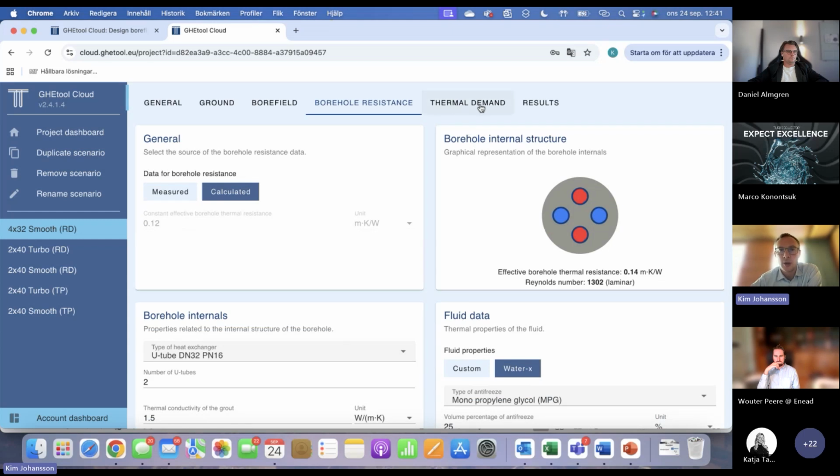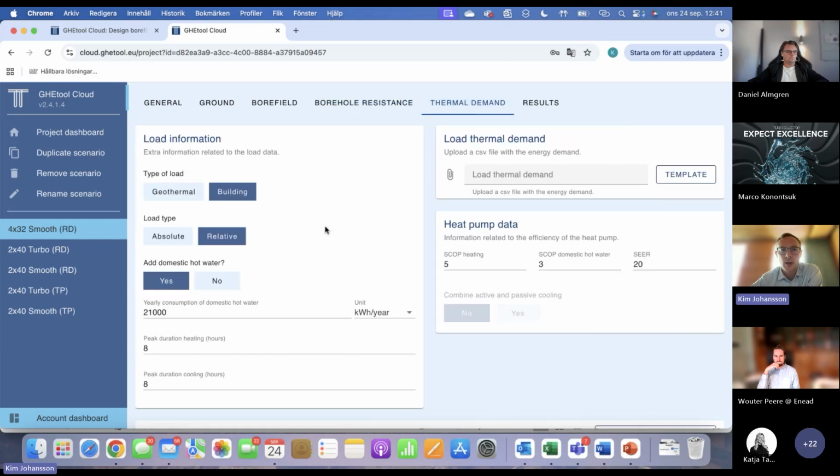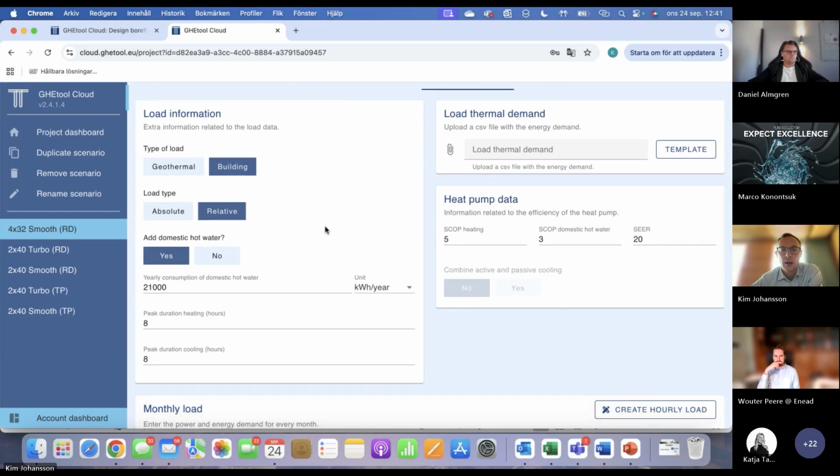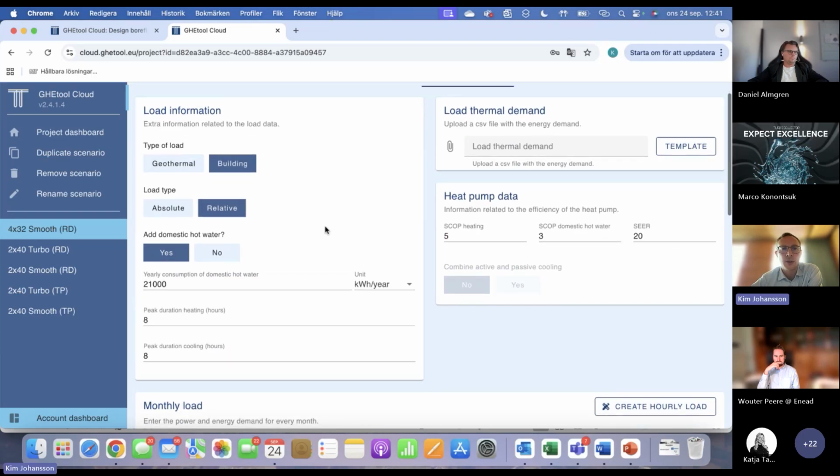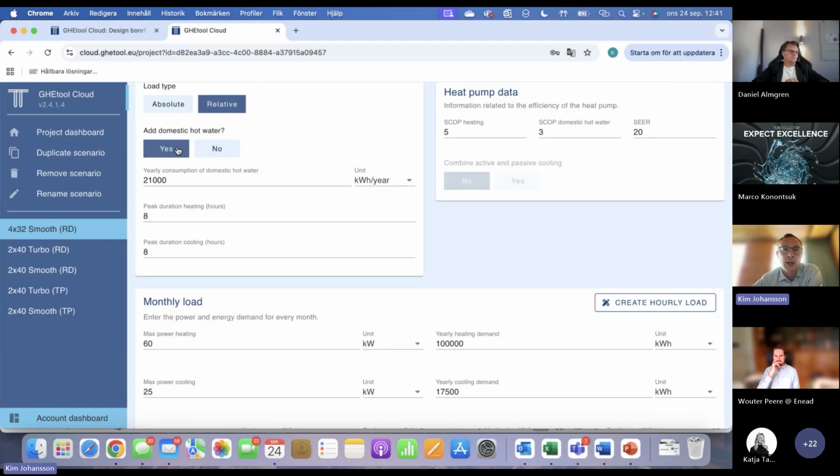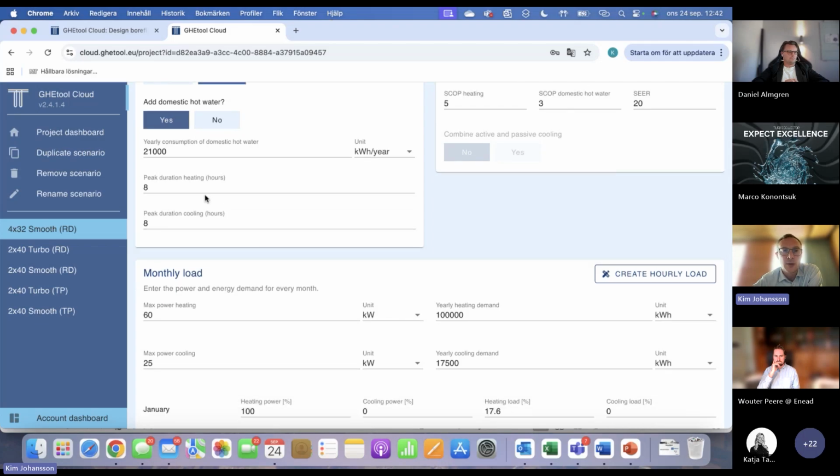Moving on to the thermal demand. Here we have some options if we are putting in the load of the building or the geothermal side. If we would like to include domestic hot water or not, and in this case we have chosen yes. We could also choose a little bit on the peak duration of heating and cooling.